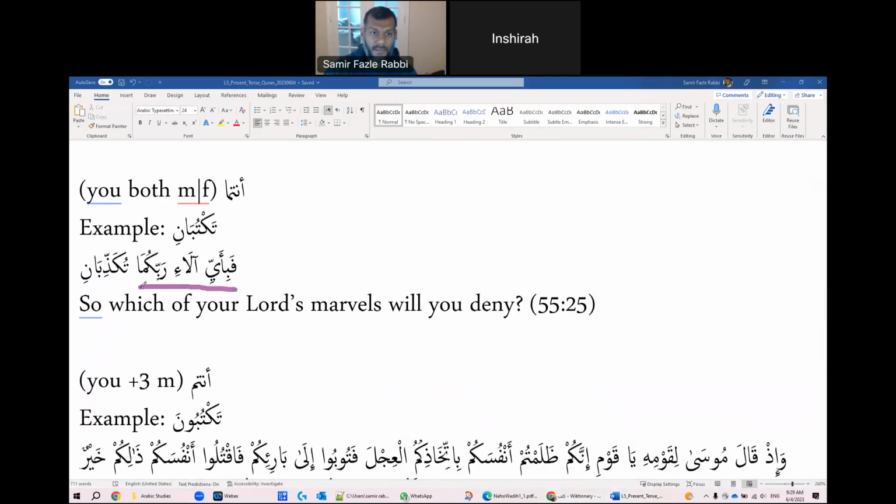Tukadhdhiban, because we're ending the ayah? Yes, very good. Tukadhdhiban instead of tukadhdhibani, yeah, I forgot about that. So tukadhdhiban is like kidhb, which is lie, and kadhdhaba is to deny or to reject along those lines.